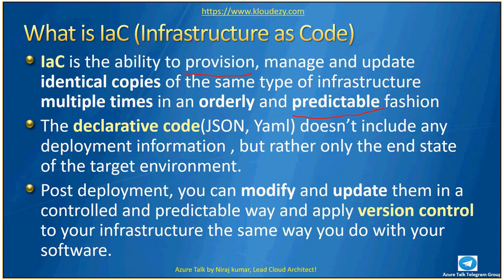Then what makes it possible behind infrastructure as code is declarative code. There are many industry-leading declarative code formats that you can use, but mainly it is JSON, which is JavaScript Object Notation. Another is YAML, which is used by Google Cloud.